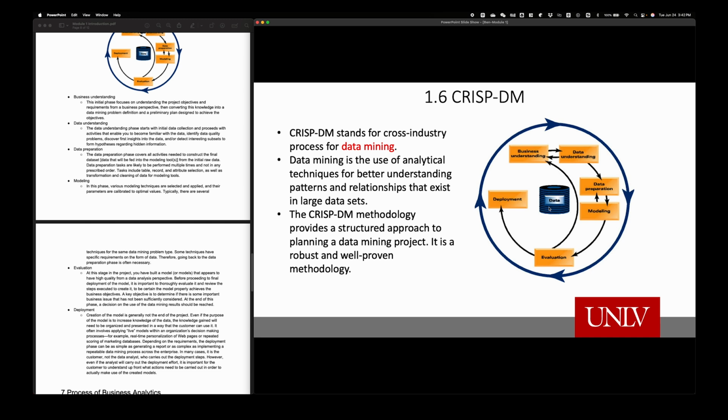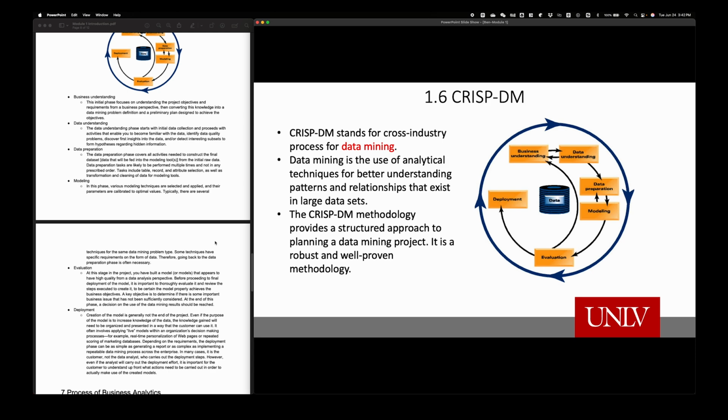It provides a clear roadmap, making sure every step from understanding the business problem to delivering actionable insight stays organized and effective. So in short, CRISP-DM is the backbone of many business analytics projects, keeping data-driven decision-making on track.